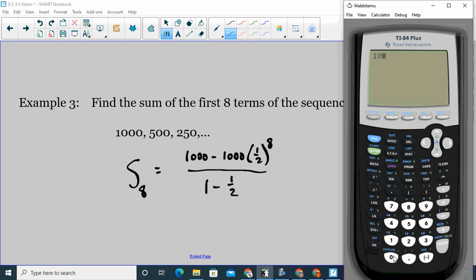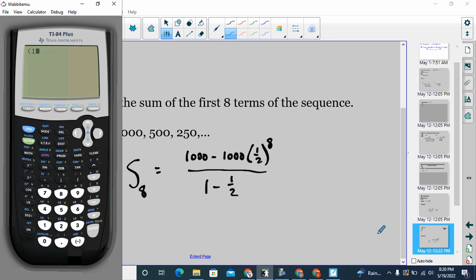So we've got 1,000 minus 1,000 times 1/2 to the 8th, divided by 1 minus 1/2.